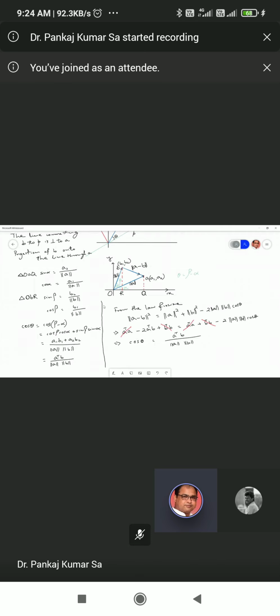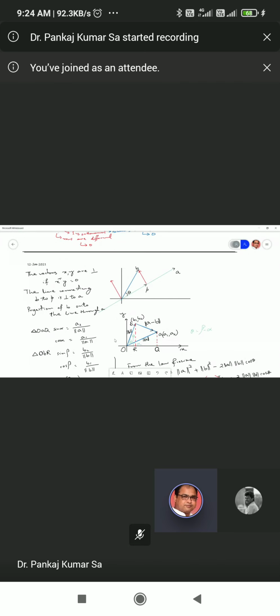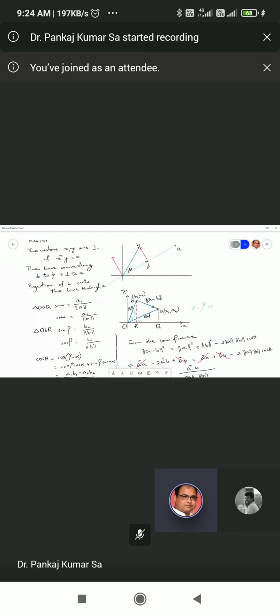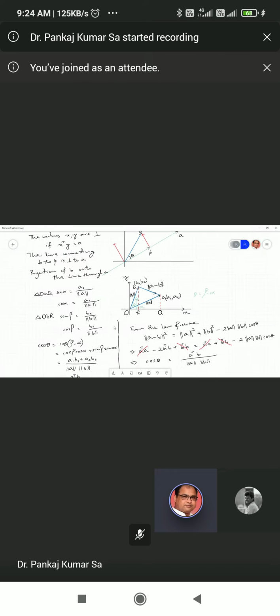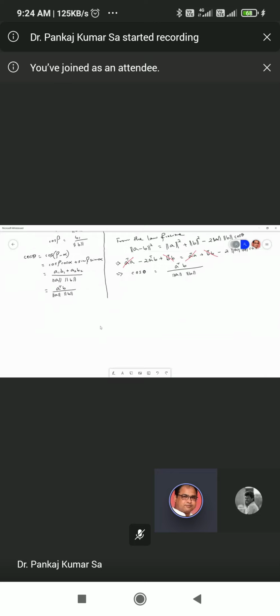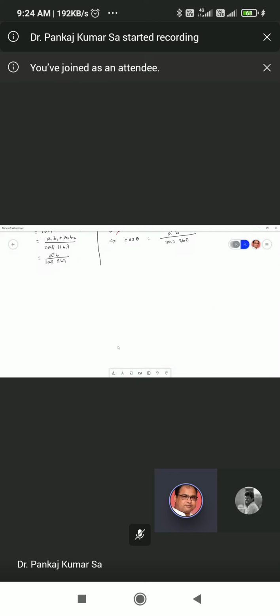Now, where did we actually start? We started from here. Our objective is to find this red line, the projection of B onto the line through A. That is what our objective is.